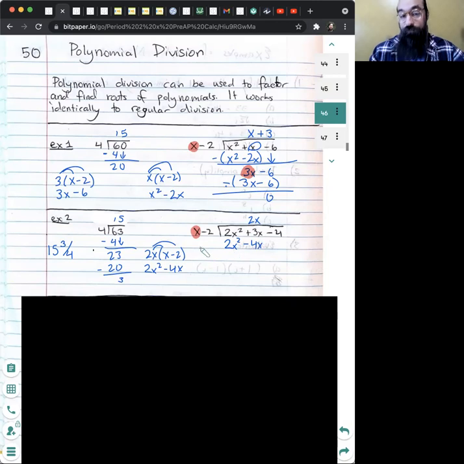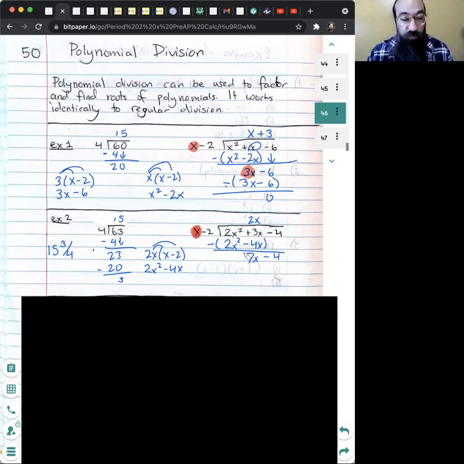And what do we do? We subtract it. So let's subtract it. 2x squared minus 2x squared, nothing. Cool. 3x minus a negative. That's double negative, so it's adding. 3x plus 4x, 7x minus 4. Cool. What do we do, right? What's the next step? Yeah, next step is x times what, right?